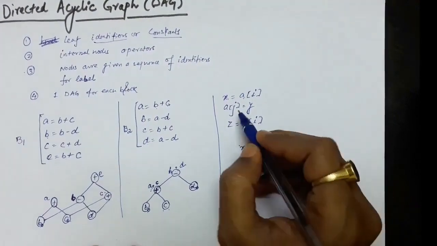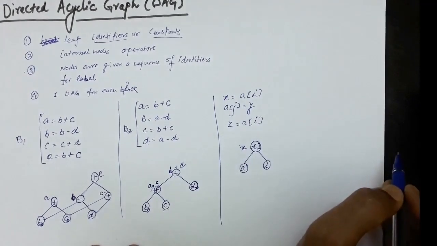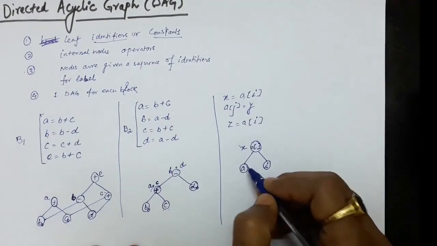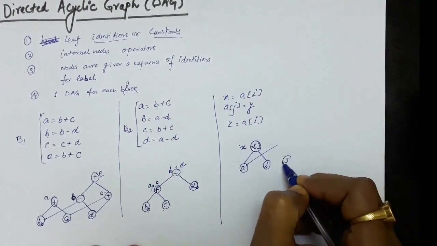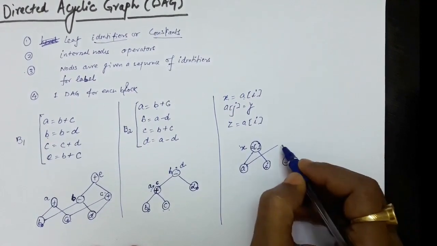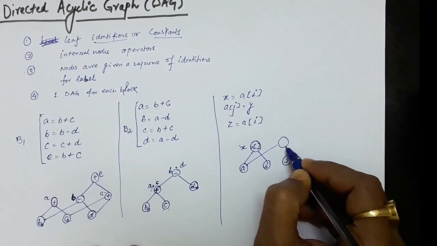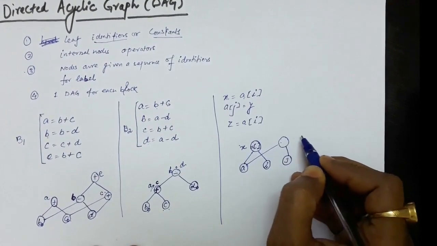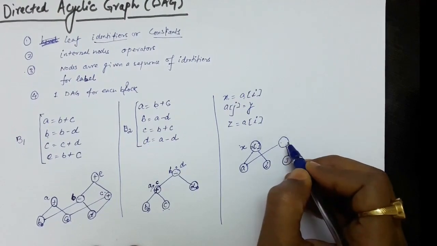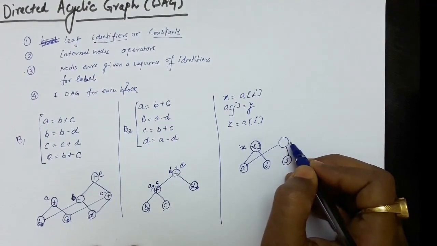Now the next operation is A[J] equals to Y. So A is here. Let's take a J, the new one, and Y is assigned to A[J].